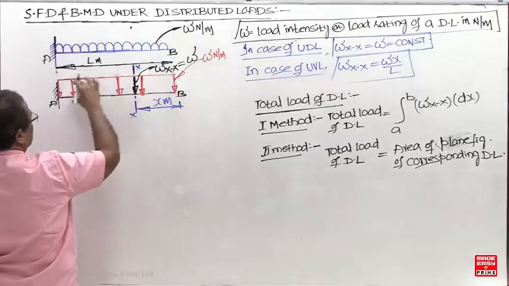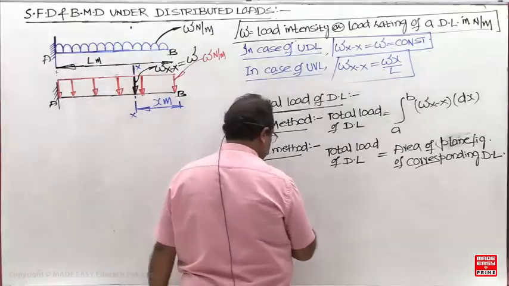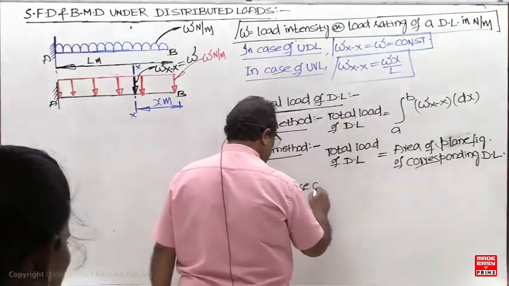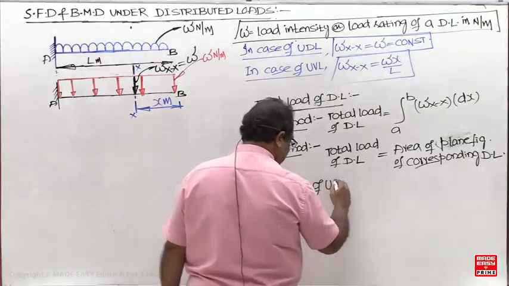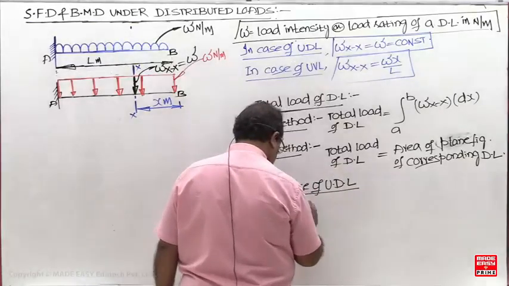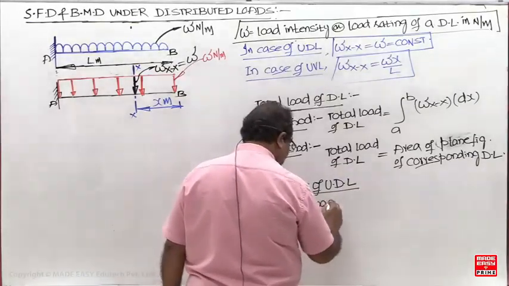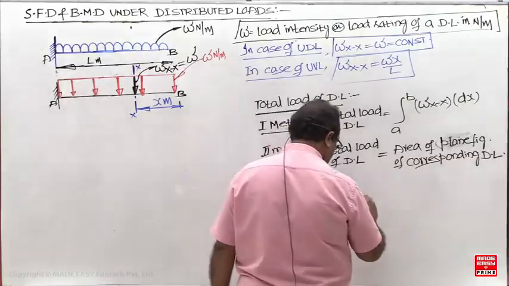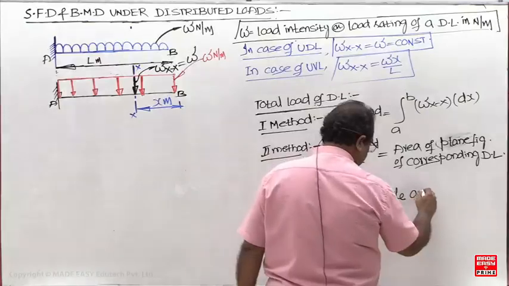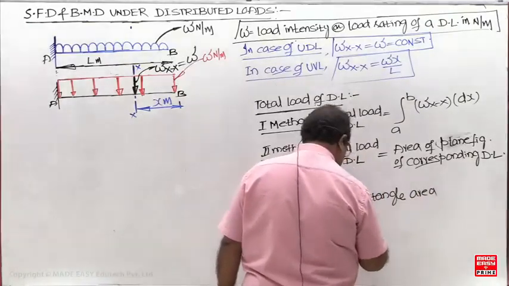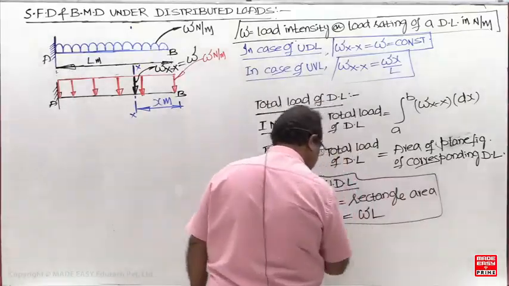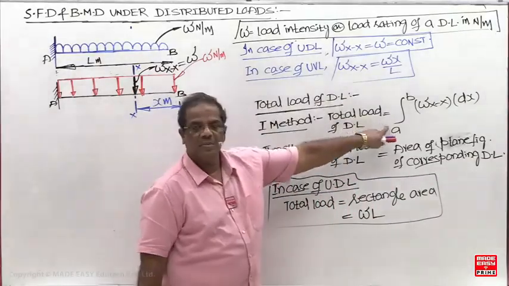So what is the total load here now? In this given case, in case of UDL, total load is given by the rectangle area, that is W into L. If you want to go for the integration method, you can do it now.